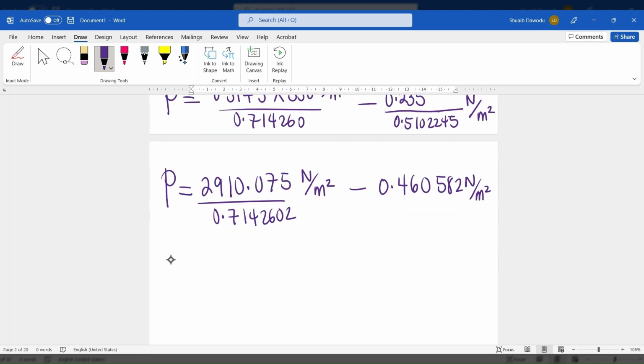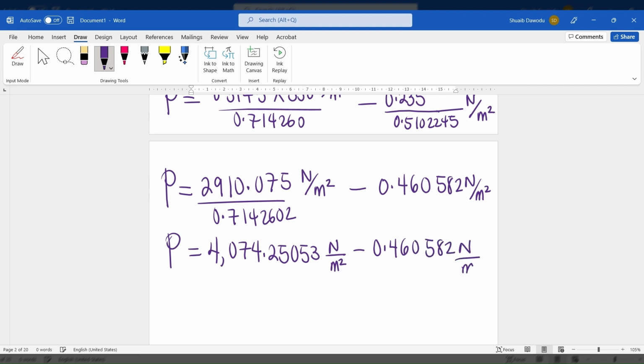We input 2910.075 divided by 0.714262, and that's just going to give you 4074.25053 Newton per meter squared, minus 0.460582 Newton per meter squared.